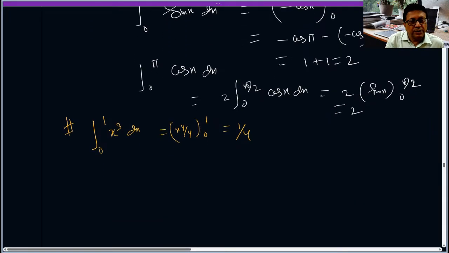Agree or not? Now let us find 1 by 0 to 1 x square x by 2 dx. What is its integration?